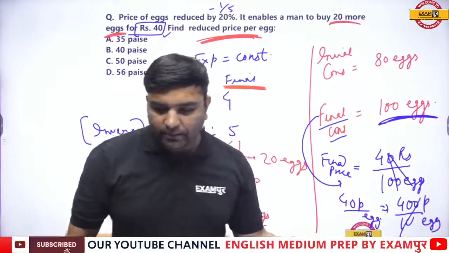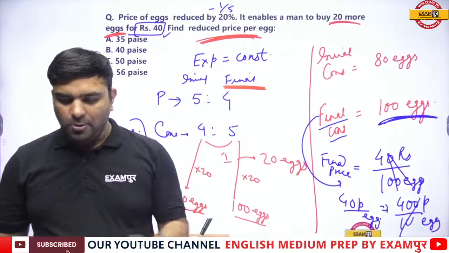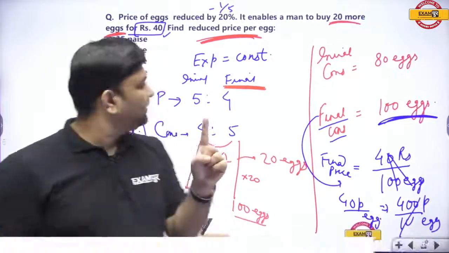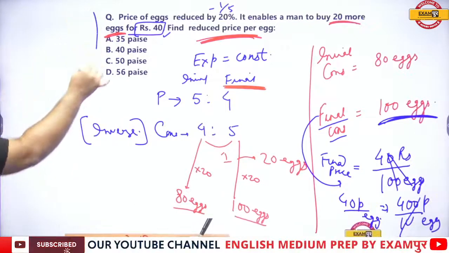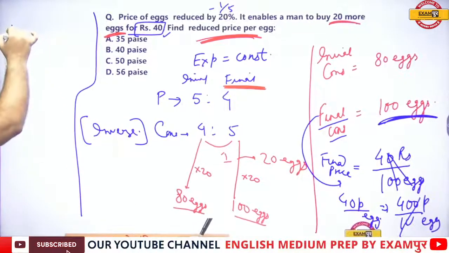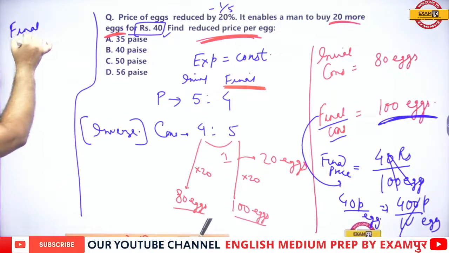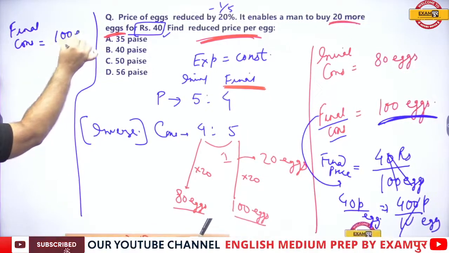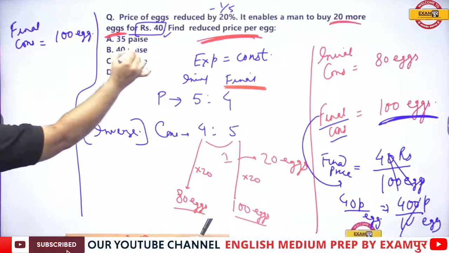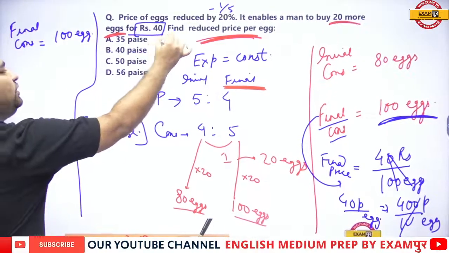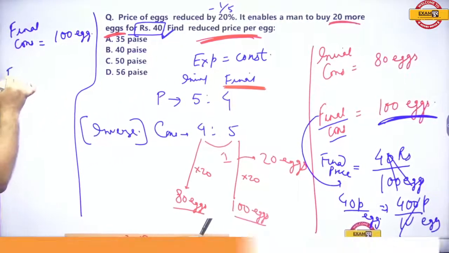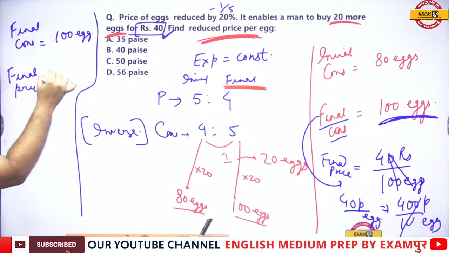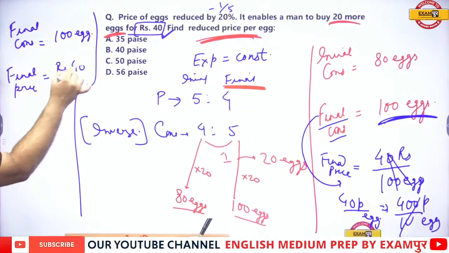So it's 40 paisa per egg. One step above. Once you calculate your final consumption, your final consumption was 100 eggs, and you can buy these 100 eggs in 40 rupees. So final price, in rupees 40 you can buy 100 eggs.